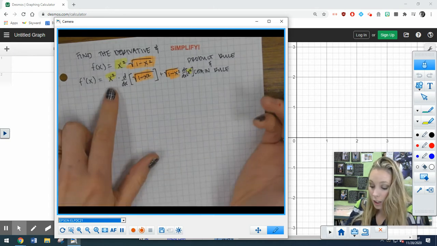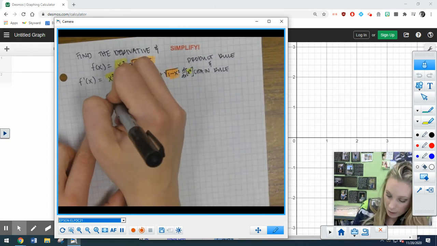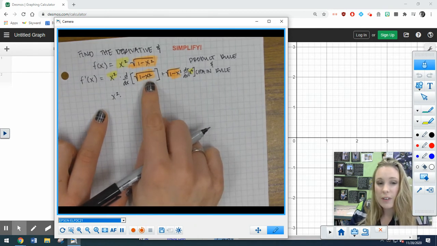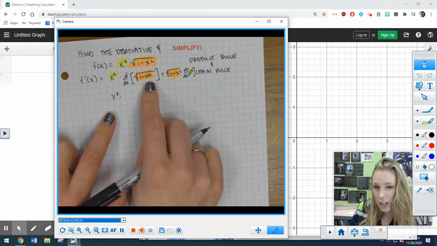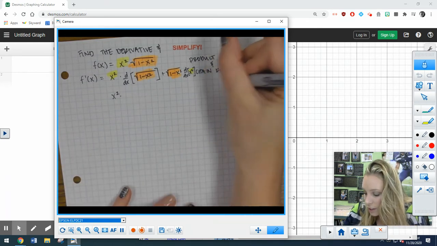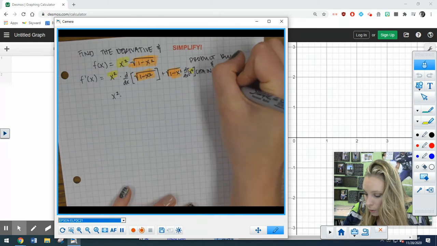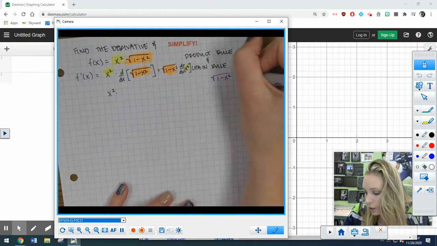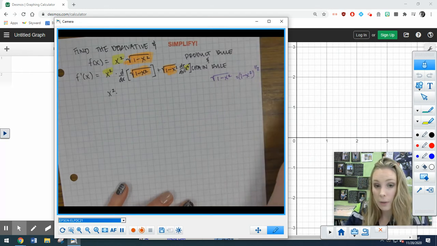So x squared, well, that's easy enough. That's going to be x squared times, I need to find the derivative of this. To find the derivative of this, I have to apply the chain rule. So let's take a little side adventure. Let's find the derivative of the square root of 1 minus x squared. Well, remember our outside function is the 1/2 power.